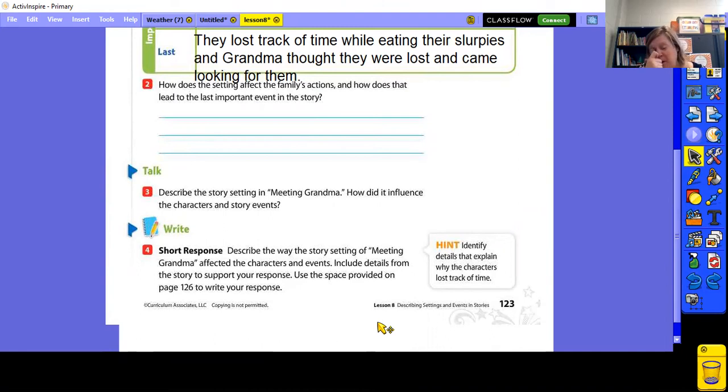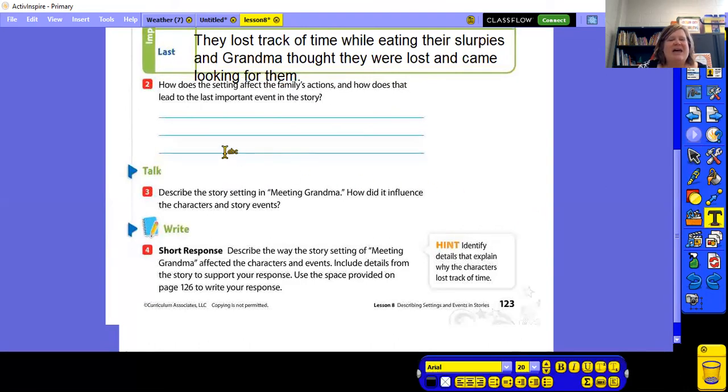They ran around the airport and to the stores looking around, which made them really want something to drink and an ice cream, something cold, because they must have been hot. How does all of that lead up to the last action? It says they lost track of time while eating the Slurpees, and Grandma thought they were lost and came looking for them. I'm going to give you a second. You can pause this and run and tell your brother, sister, tell your dog, tell your grandparents, tell your mom and dad.